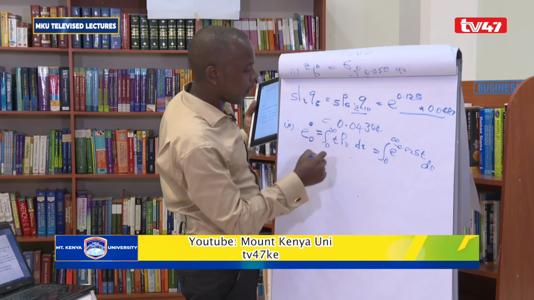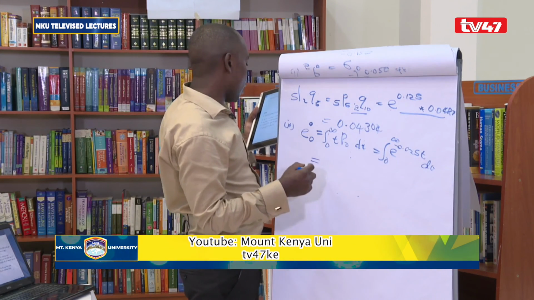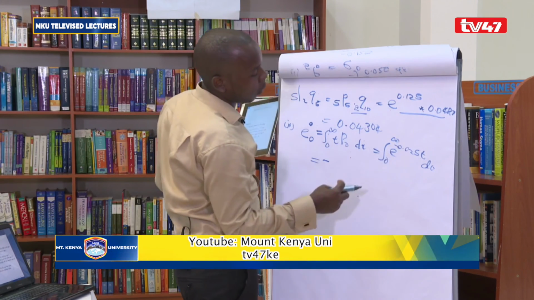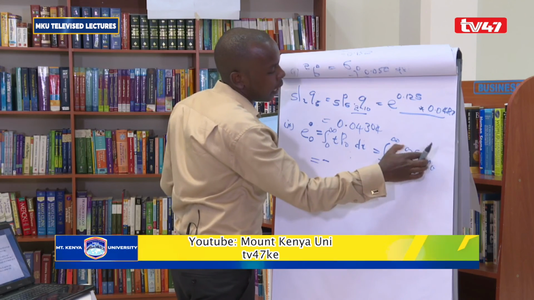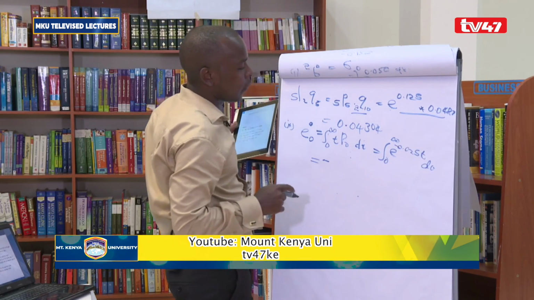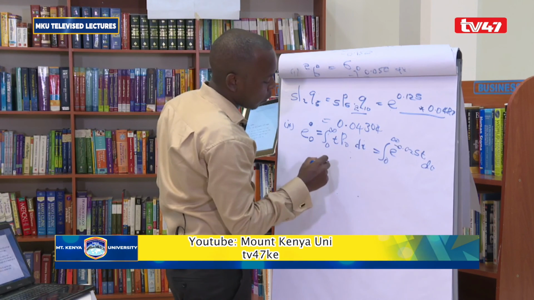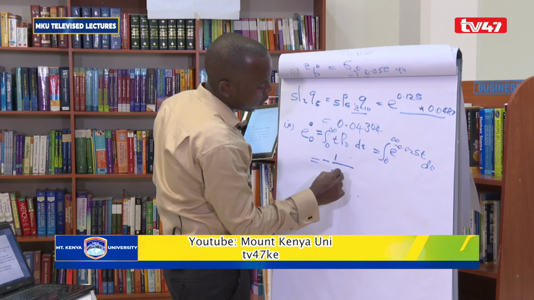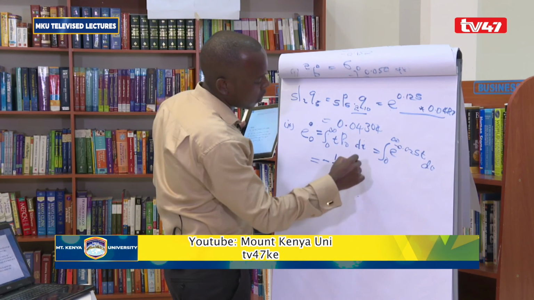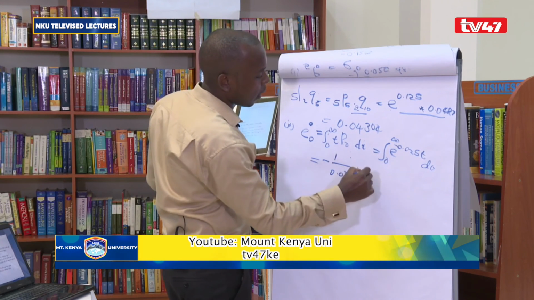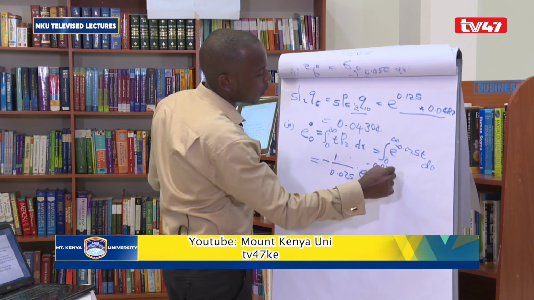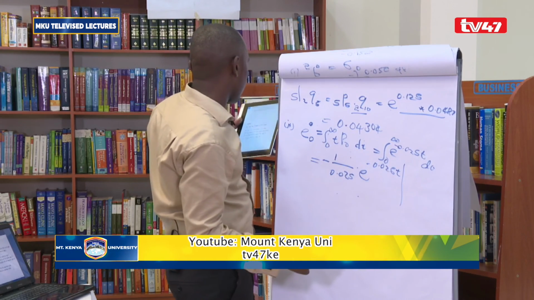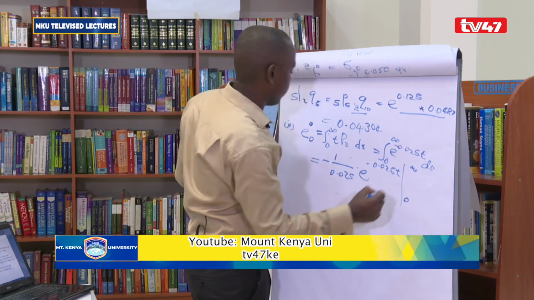And when you simplify, normally with an exponential function, it retains, and then you divide by the derivative of what you have as the power of e. So this is negative 1 over 0.025, multiplied by the exponential, and the limit is 0 to infinity.